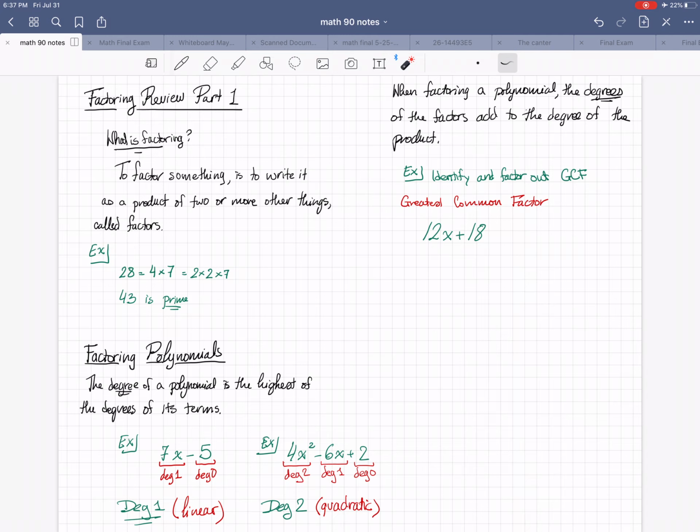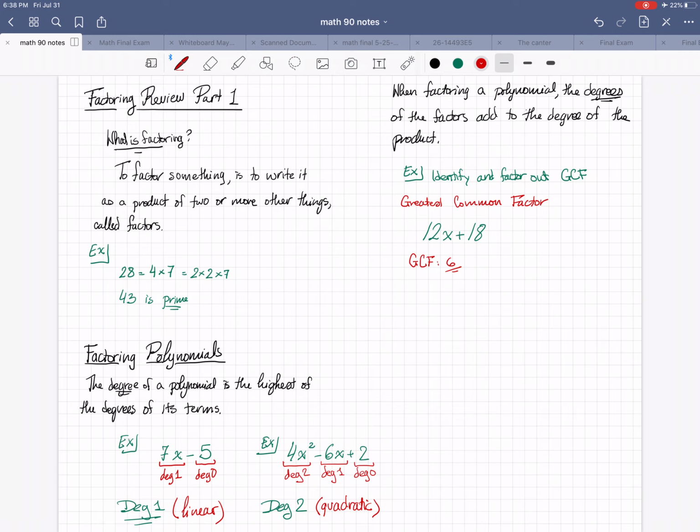Well, 12 and 18 are both divisible by 2. They're both divisible by 3. Oh, if they're both divisible by 2 and by 3, they're both divisible by 6. And 6 is the largest number by which both 12 and 18 are divisible. So we're going to say here the GCF in this case is 6.